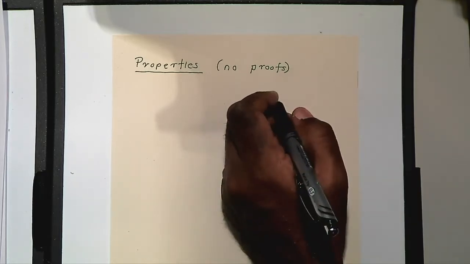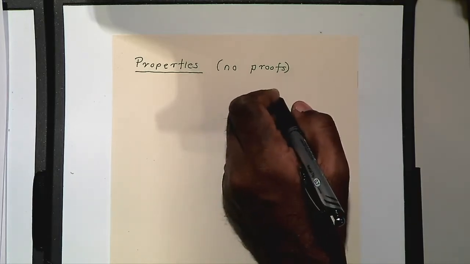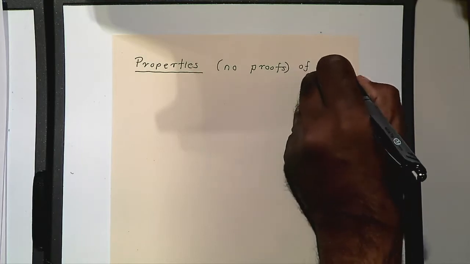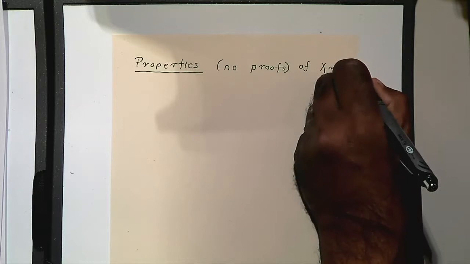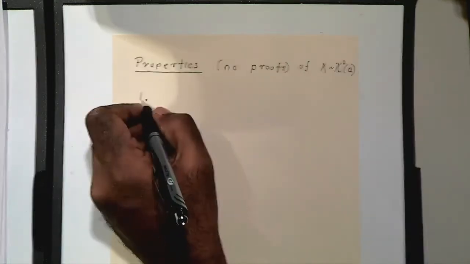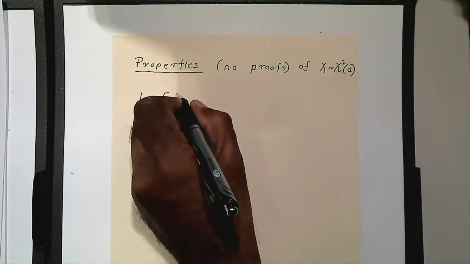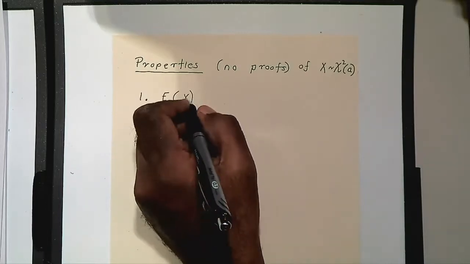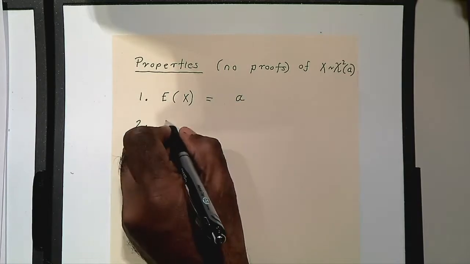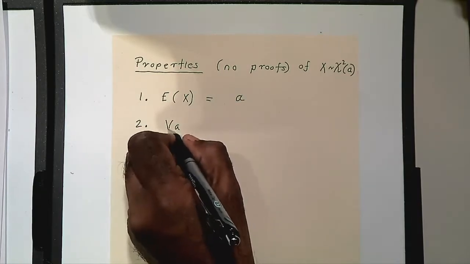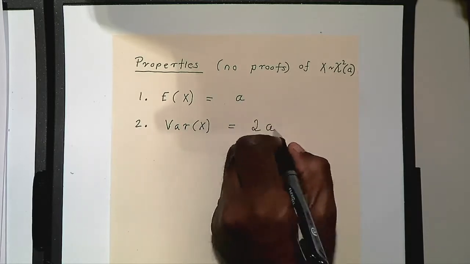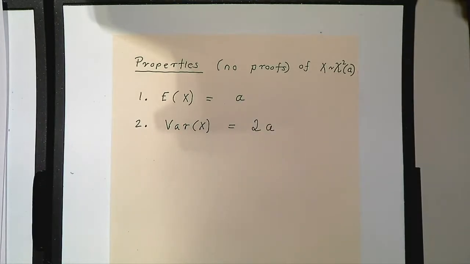So properties of a chi-squared variable x that follows the chi-square distribution with parameter a. Number one, the mean or the expectation of a chi-squared variable is equal to a. Number two, the variance of a chi-squared variable is equal to 2 times a.